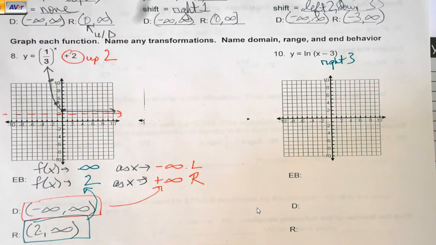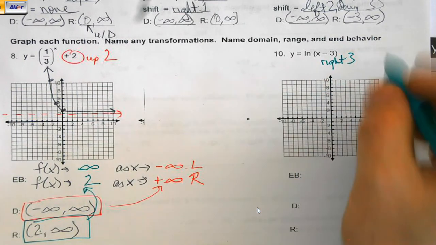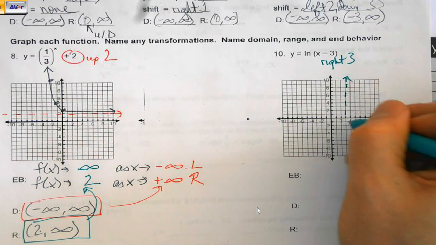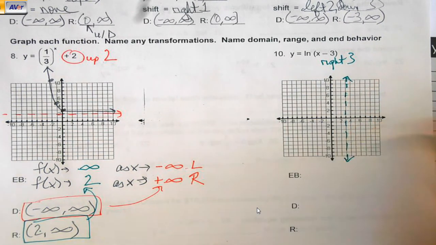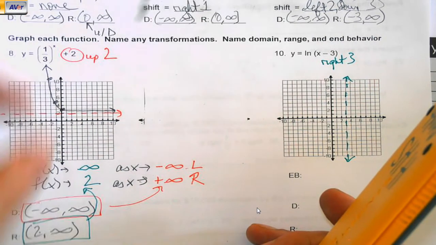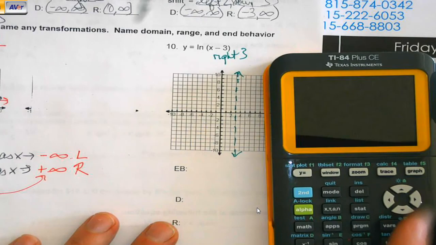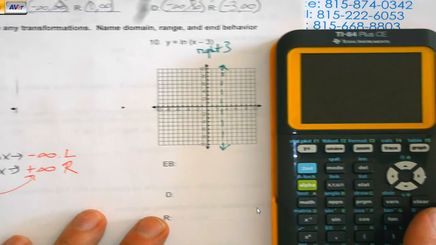Okay? When we're doing logs, left and right makes a change to my graph because normally it's at 0. So I move my asymptote right 3. And then you have your choice of plotting your parent points at 1, 0, and 10, 1, and then just shifting them right.